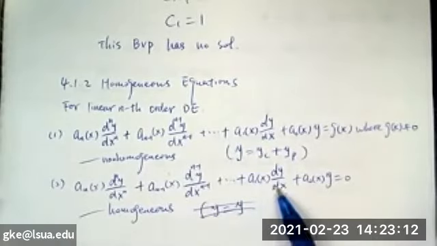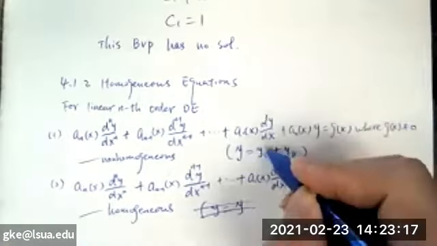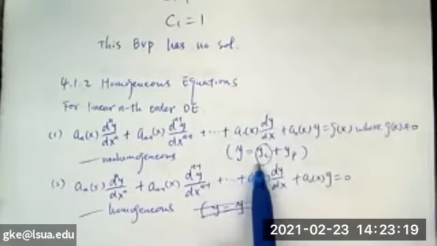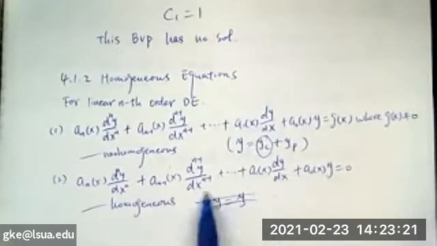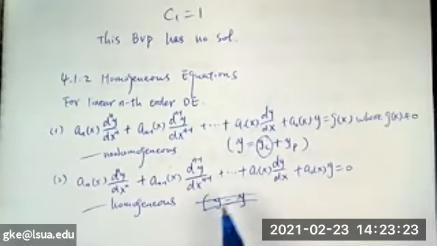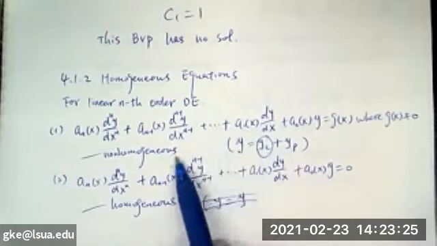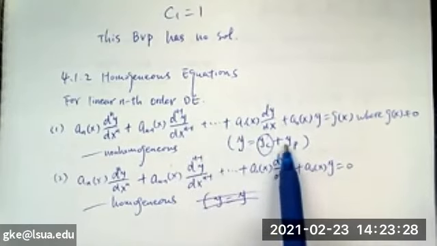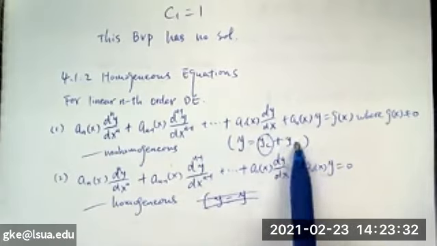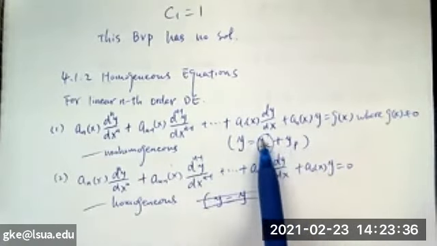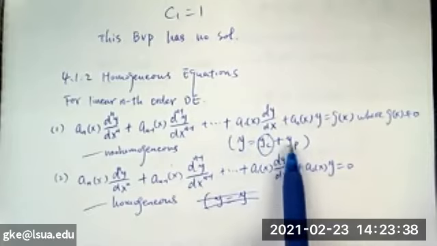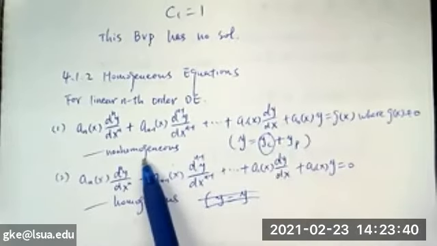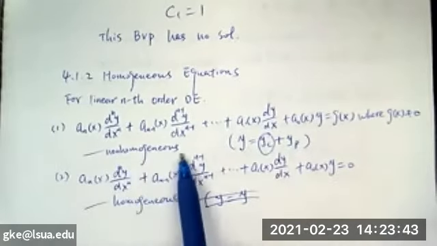For the homogeneous equation, if we get the solution yc, we call it a homogeneous solution for this homogeneous equation. Okay, and for the non-homogeneous, we need to find a particular solution. Yc plus one particular solution, we're gonna get the solution for the non-homogeneous equation.